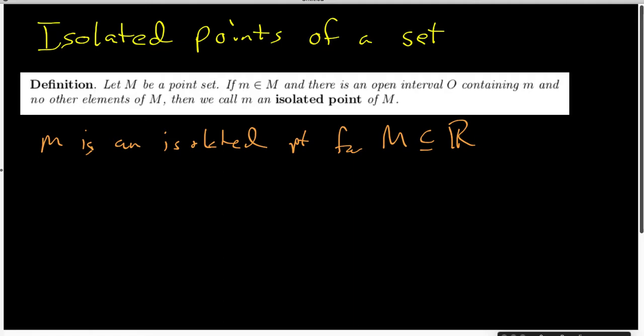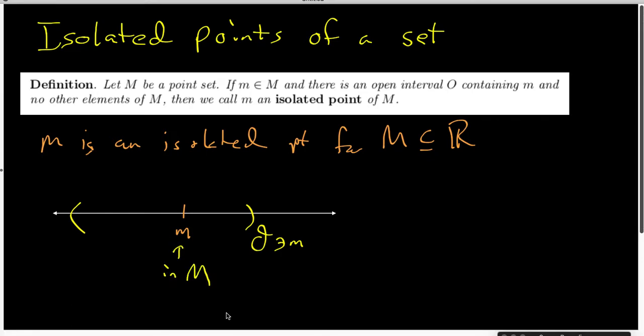If we draw a number line and put M on it, then we can find some open interval, and it does not have to be a balanced open interval. Here's an open interval O that contains little m, and little m is in set capital M, and little m is the only element of capital M inside O.